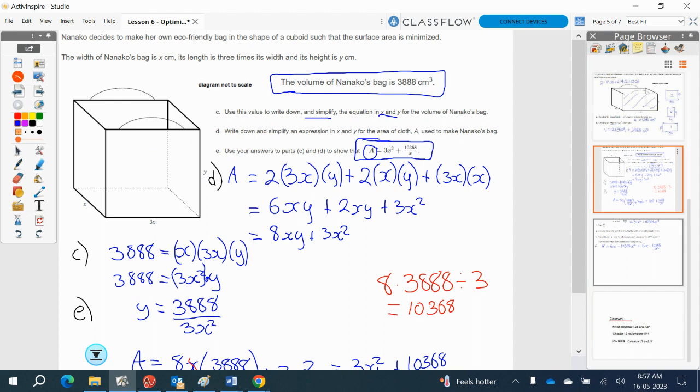So we need to find the value that will minimize this. We've got the formula here for the surface area.